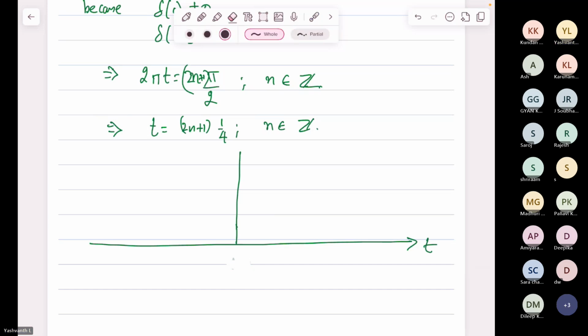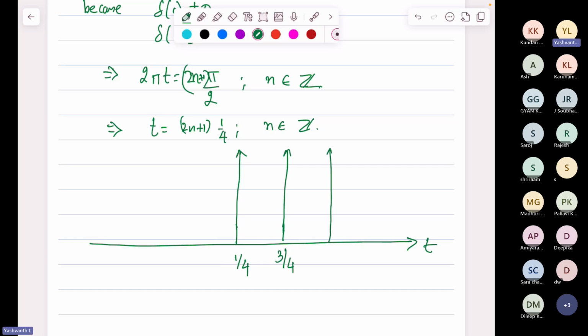That is 1 by 4, you will have one peak. 3 by 4, you'll have one peak. 5 by 4, you'll have another peak. And on the left-hand side, similarly, you can have minus 1 by 4, minus 3 by 4, and so on. It will keep on going.